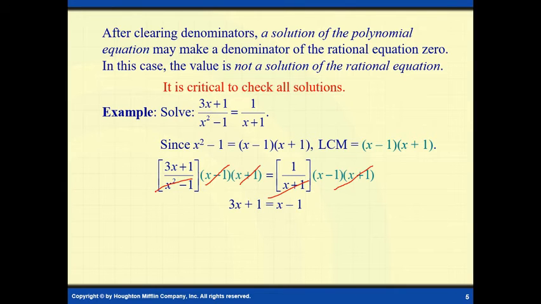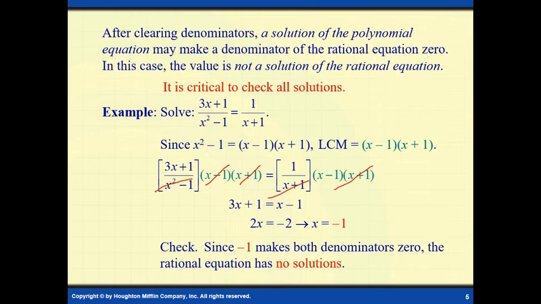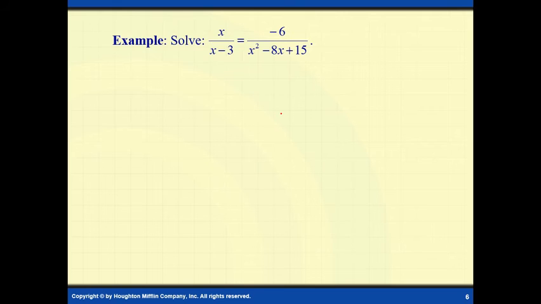What is our x going to equal? That's right. Our x is going to equal negative 1. Now notice, if we plug the negative 1 in here on this side, we're going to wind up with a 0. And so thus, this solution does not work.